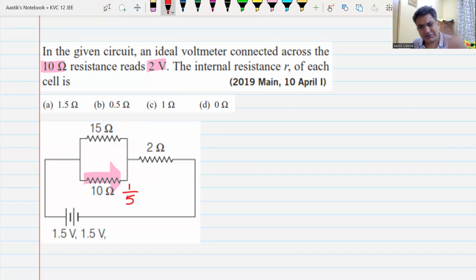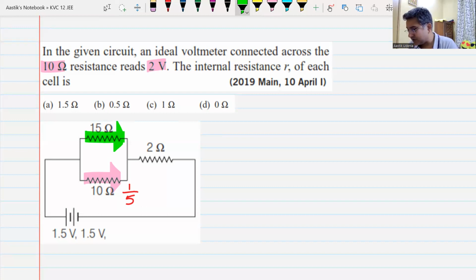Now, you can do this question in many different ways. Now you know that the voltage drop across this 10 ohm is 2 volt. Can you tell me what will be the voltage drop across this one? I'm trying to do it in a different way.